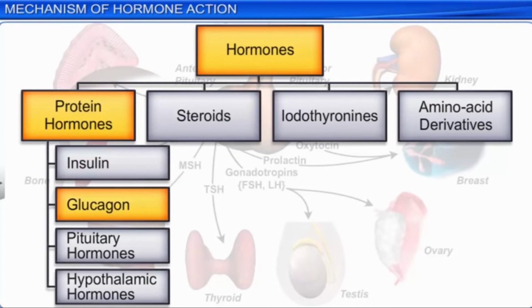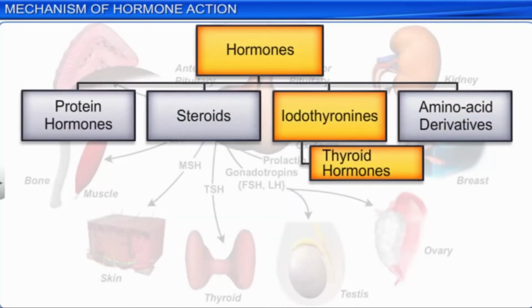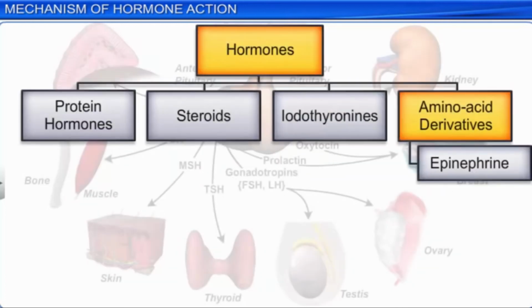While insulin, glucagon, pituitary hormones, hypothalamic hormones, etc. are examples of protein hormones, cortisol, testosterone, estradiol, and progesterone belong to a group called steroids. Thyroid hormones are iodothyronins, whereas epinephrine is an example of an amino acid derivative.